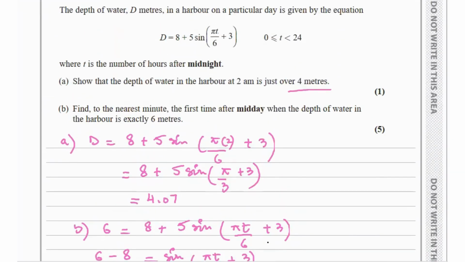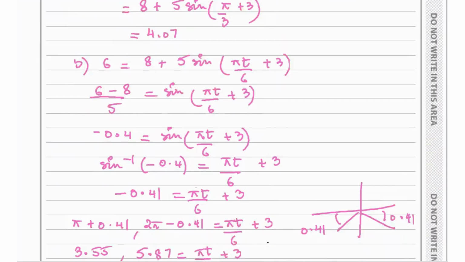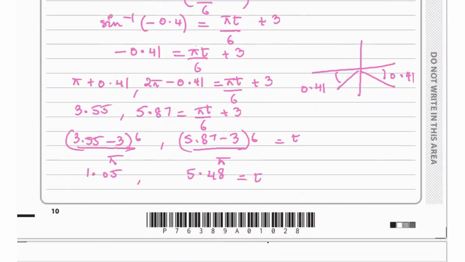Now the question said find to the nearest minute the first time after midday when the depth of water in the harbor is exactly 6 meters. So first time is going to be this 1.05. So after midday, it's going to be 1 hour and some minutes.